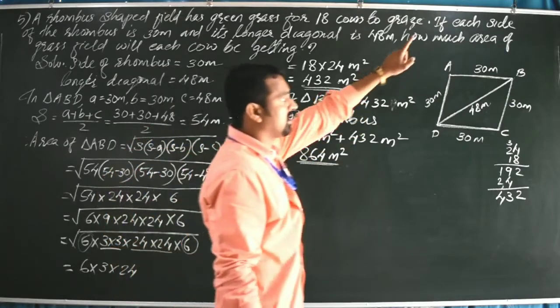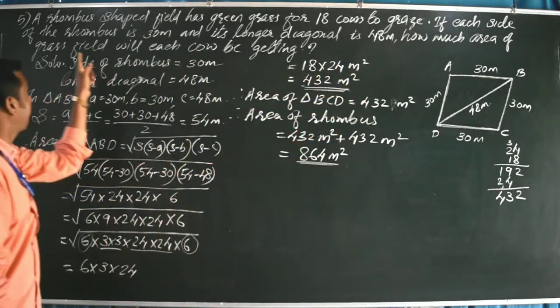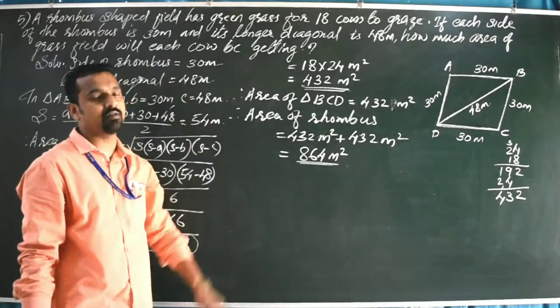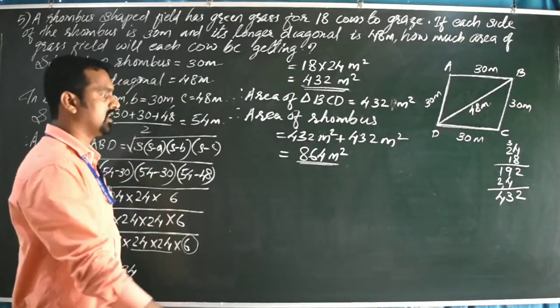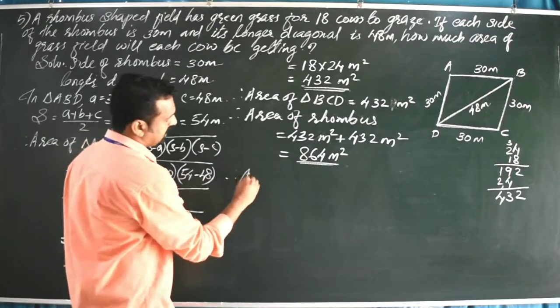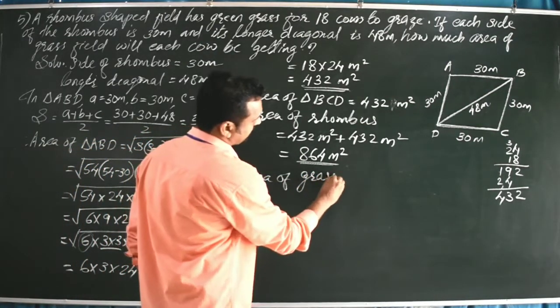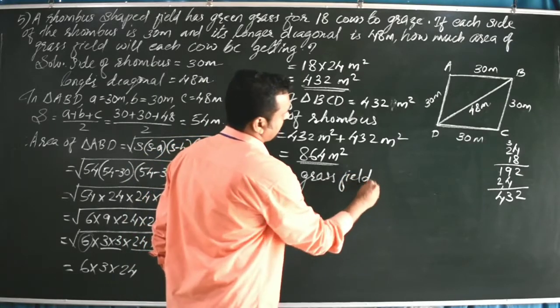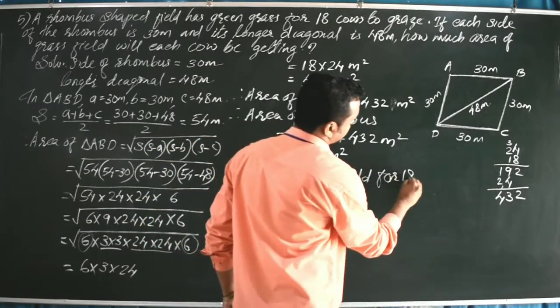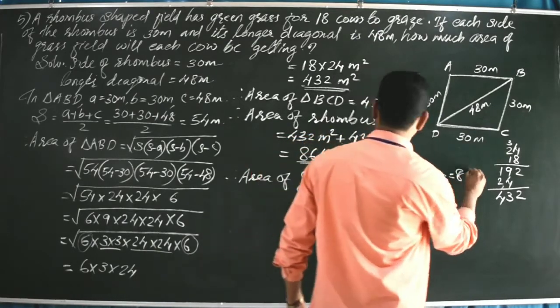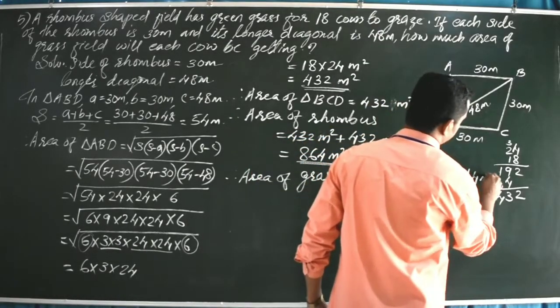Then what is the question? How much area of grass field will each cow be getting? One cow, how much grass field will it get? That is the question. So therefore we can write area of grass field for 18 cows is equal to 864 meters square.